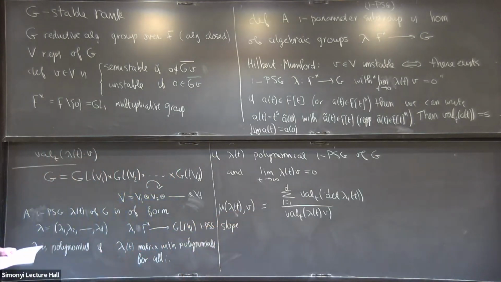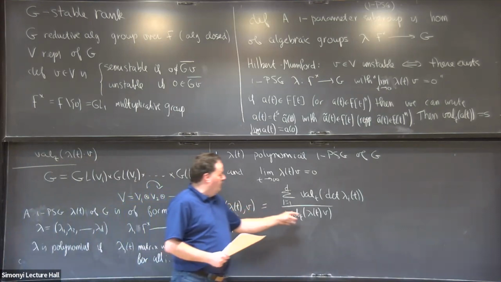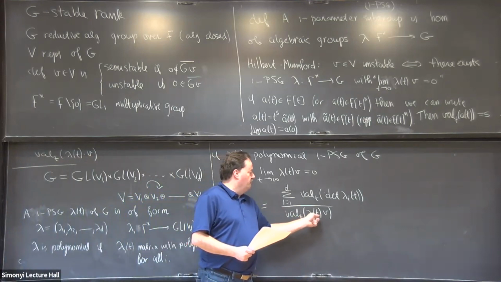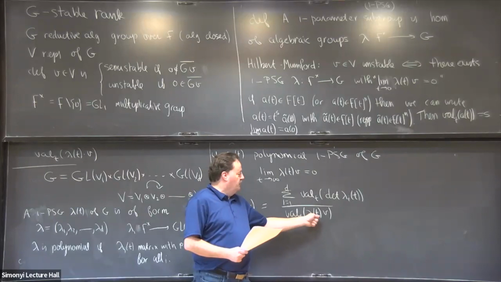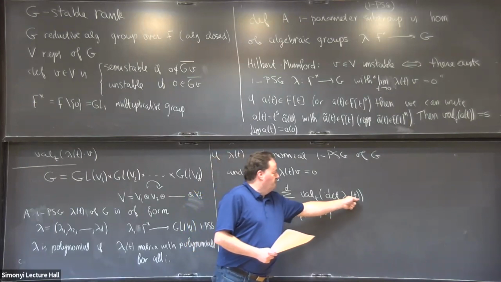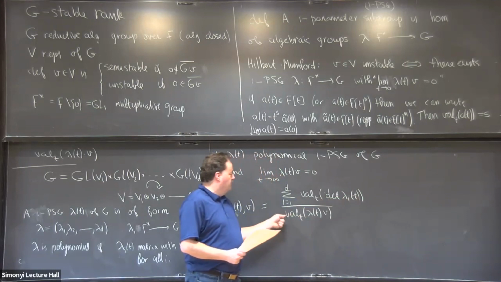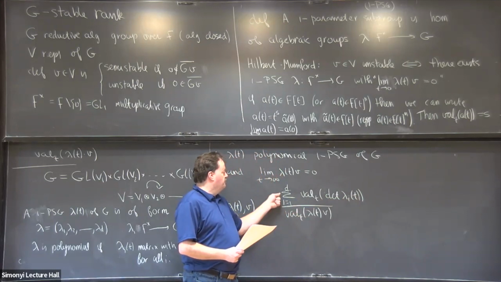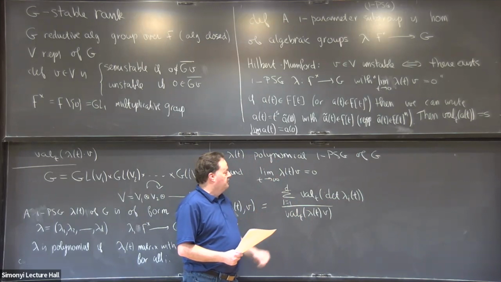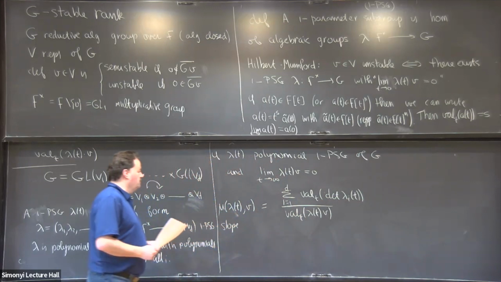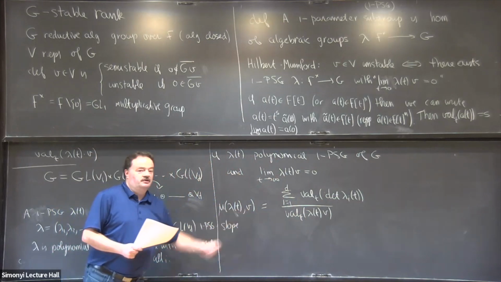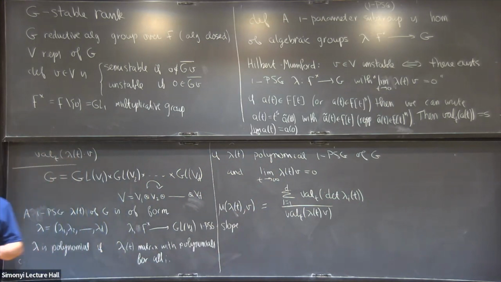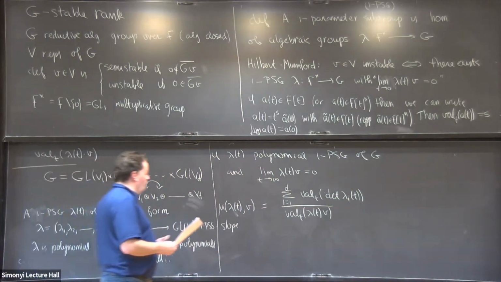Okay, and so this is a measure of how fast lambda(t) goes to v, because if I now replace t by t squared, then I also replace t by t squared here. So this might be multiplied by 2, but the numerator is also multiplied by 2. So this reparameterization will not affect this slope. And so now we can look for the optimal slope.